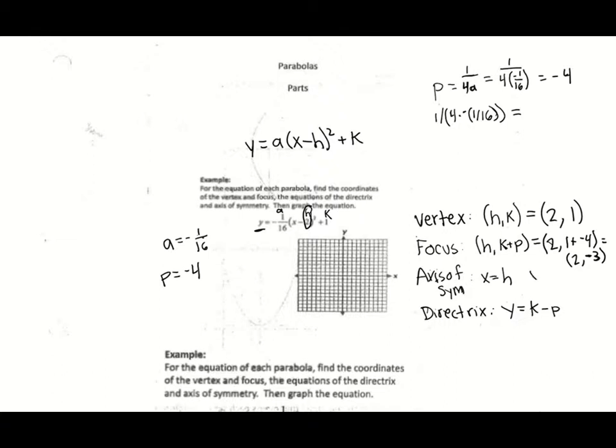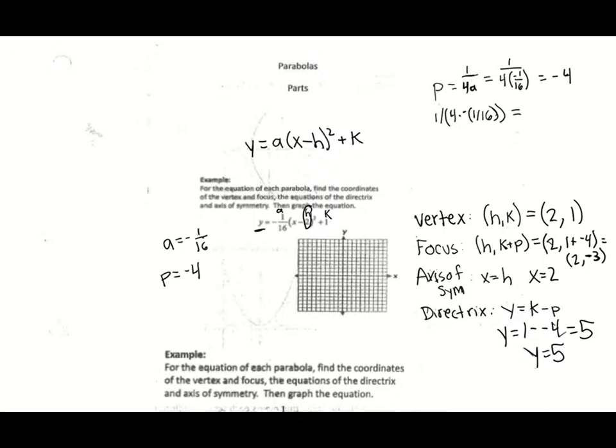So I'm going to write that here. X equals 2. And then my directrix, y equals k minus p. K is 1 minus a negative 4. And that is really 2 negatives in the middle makes a plus, so 1 plus 4 is 5. Y equals 5 is my directrix.